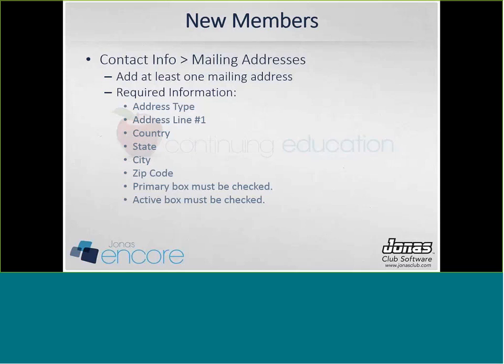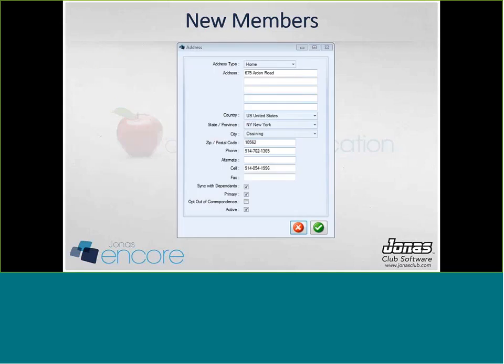The primary box must be checked. Again, it will flag you if you try and save and it's not checked as primary. It's going to say there is no primary address assigned. And then the active box, obviously, to indicate that that's an active address. So this is what the new address will look like. It has an address type at the top, has your address, country, state, province, and your phone numbers.